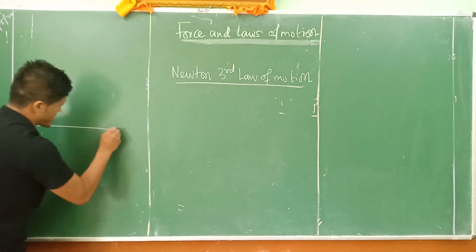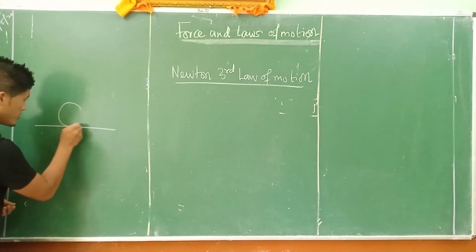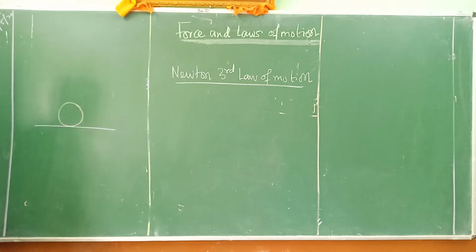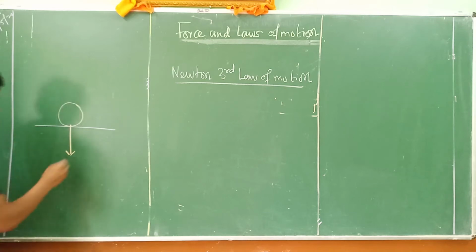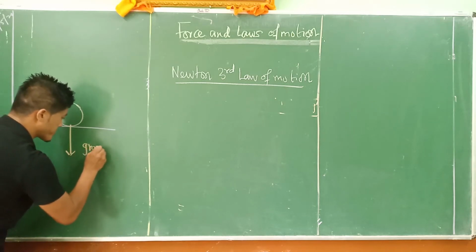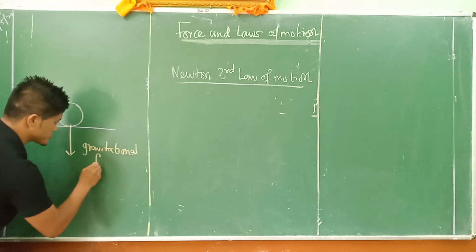Number 1, this is a ground. On this ground, there is a ball. Now if you look at this particular ball, is it experiencing some amount of force? Yes. Force number 1, that is gravitational force.